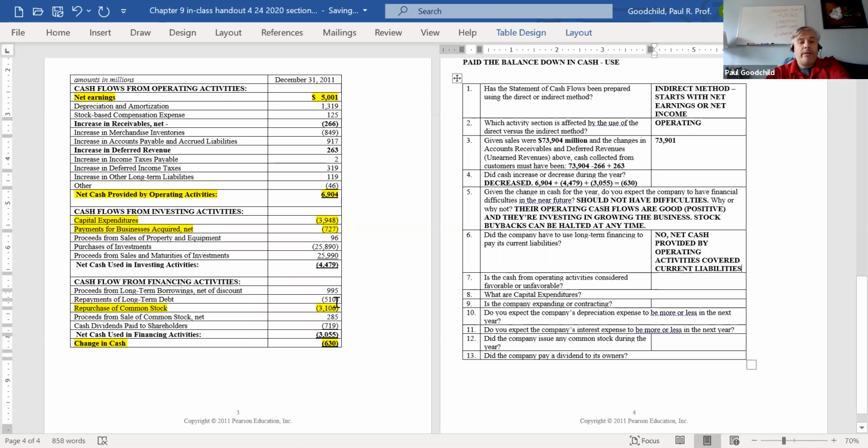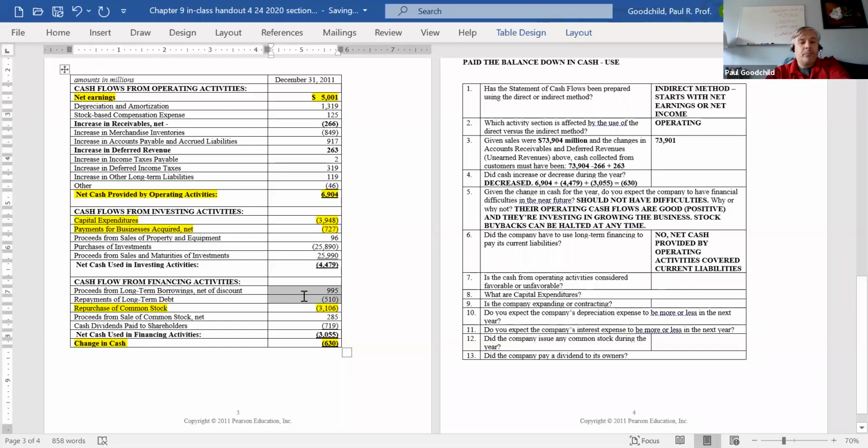Now, they do have a small net positive from borrowing, but they didn't really need it. And you can see overall in financing, they paid out more likely than not. That excess went to buying common stock.